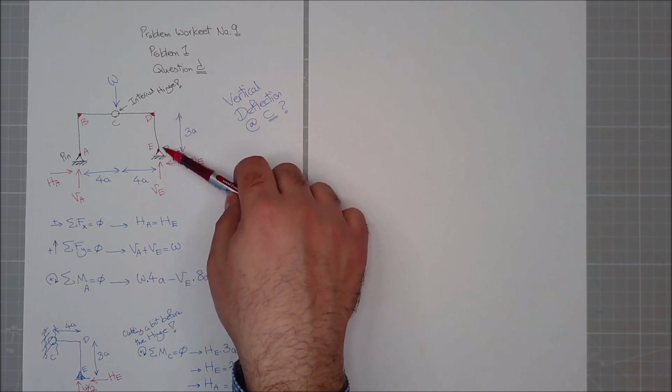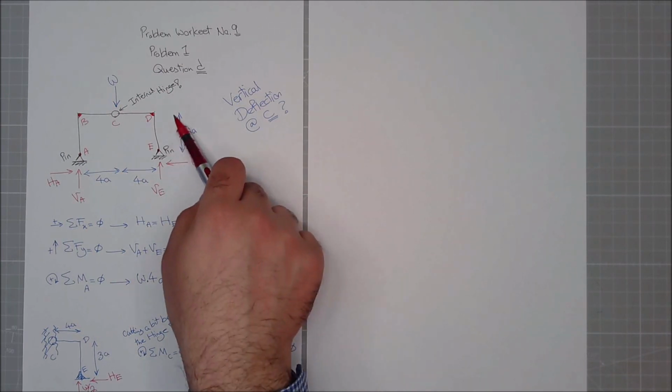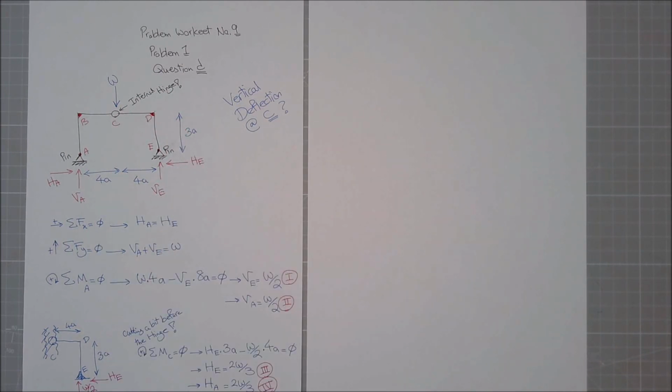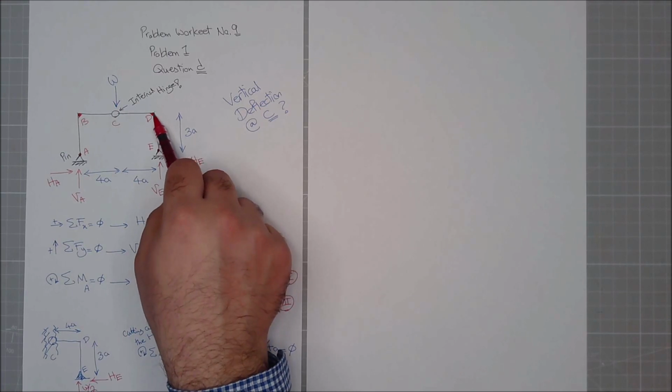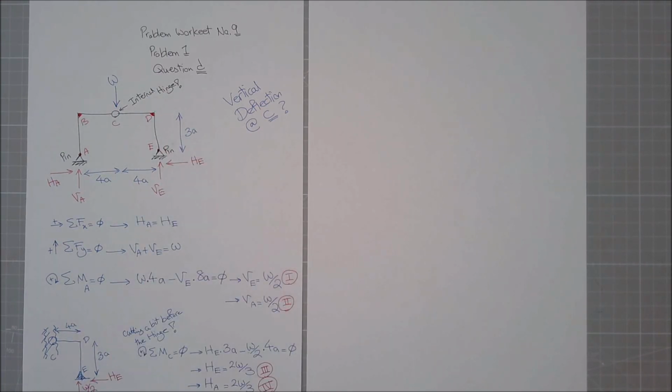The same thing happens here as well. Whatever HE is, which they're equal, times 3A. And whatever the moment here is, the moment on the other side will be the same as well. Now it's the matter of where to draw the moment diagram. And we said, okay, we consider how the shape is deforming and we will draw it for the tension side.